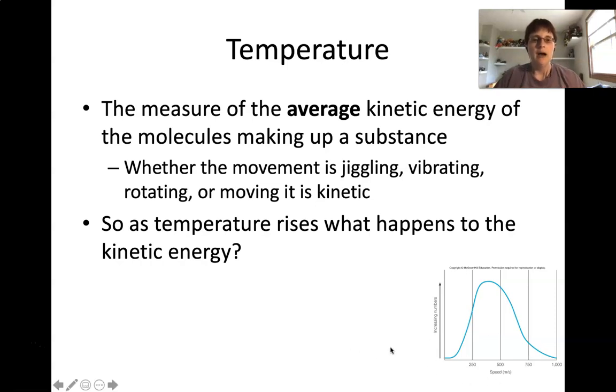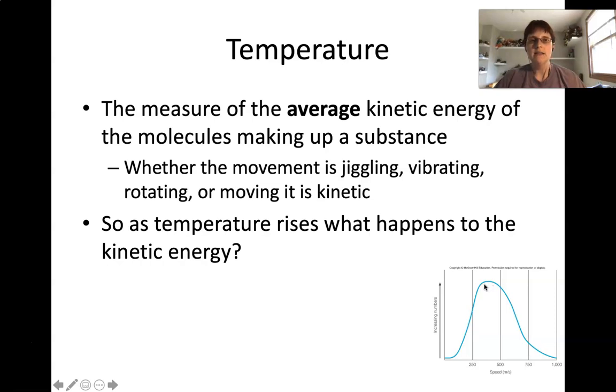And so you can see down here, this is the speed of the molecules, and you've got increasing numbers. They're not giving us an actual number, but this is what we're looking at when we measure temperature. We're going to take the average speed of these molecules, the average kinetic energy, and take that as the measurement of temperature.